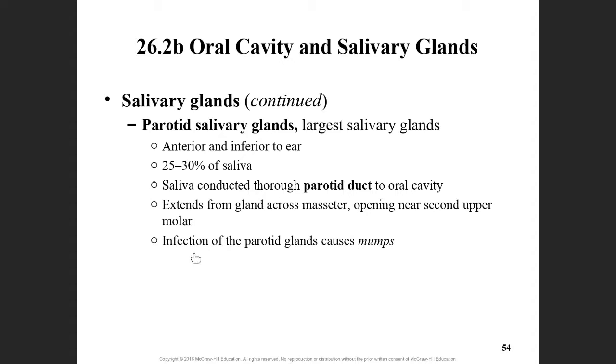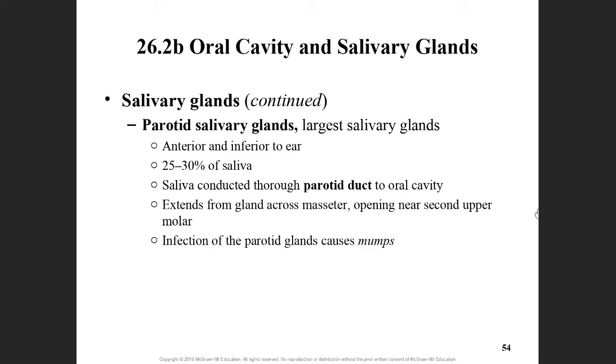We have some infection of the parotid gland with viruses, and it can cause a disease which we call mumps. Most of us were vaccinated against mumps by the vaccine which we call MMR. The MMR vaccine can immunize us against 3 important viral diseases: mumps, measles, and rubella.